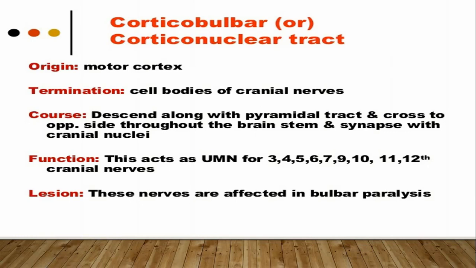These are represented by the Babinski sign. Babinski sign is present. Superficial reflexes like the abdominal reflex and cremasteric reflex are absent, and there is loss of performance of fine skilled voluntary movements, and lesion due to the extrapyramidal tract.